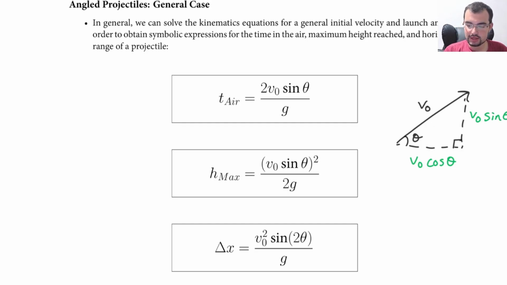So what this means is that the air time goes up with vertical components, and the max height goes up with vertical component as well. And that should make sense, because as we launch a projectile, what causes it to stop and turn around? Gravity. So the more juice you give the projectile in the vertical direction, the longer it takes gravity to stop it, so the longer it takes to hit the ground.